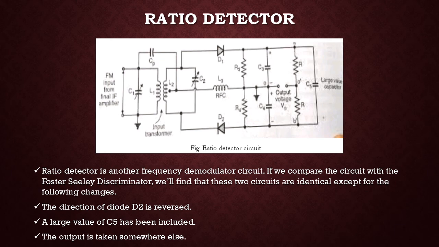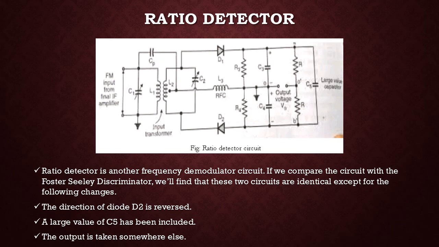Due to this reason, the operation of the ratio detector is identical to the phase discriminator. There are also some advantages: easy to align, very good linearity, and a limiter is not required.